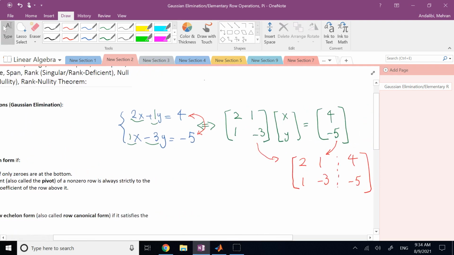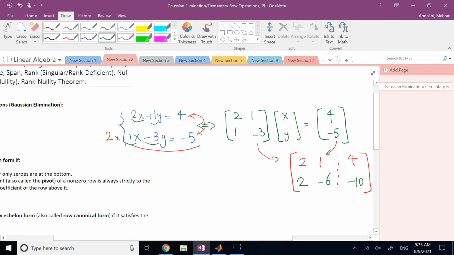So for example, let's say if I multiply this whole row by a constant of 2, right? Then what would you get? So instead of this 1, you will get a 2, right? And instead of 2 times negative 3, you get 2 times that, which is negative 6, and instead of that you get negative 10. Again, the answer is not going to be any different.